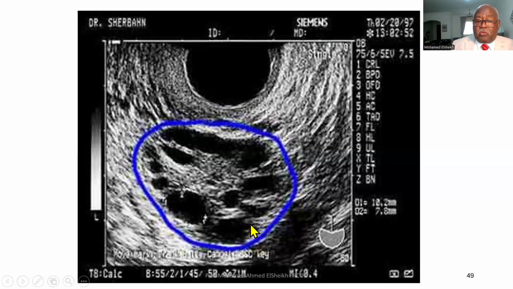These are the small cysts around in the cortex. The medulla here is free, no cyst or very minimal. And as we have said, about 9 to 12 cysts or a volume of 10 milliliters. So by ultrasound, biochemical or clinical signs, or amenorrhea or oligomenorrhea, we can diagnose polycystic ovary syndrome.